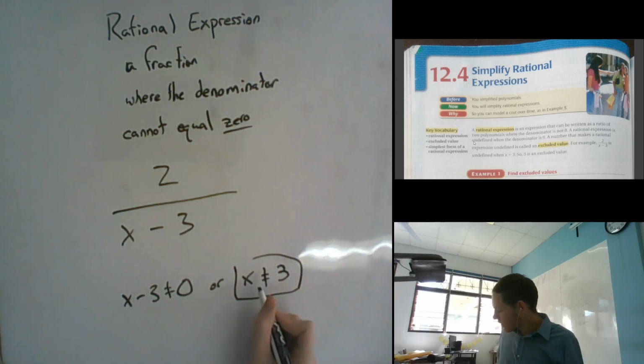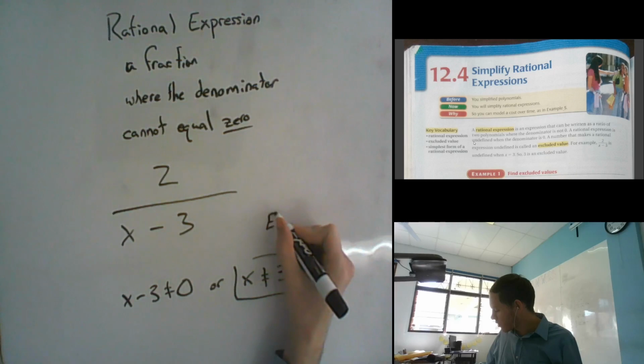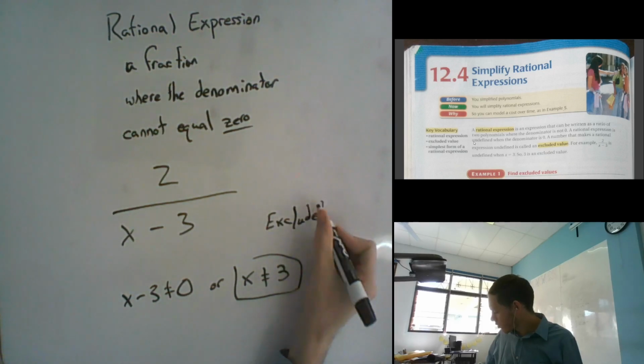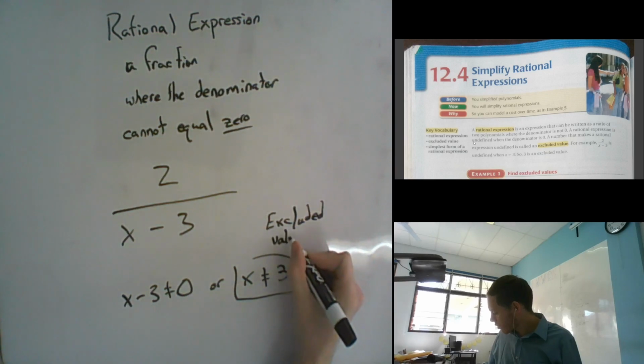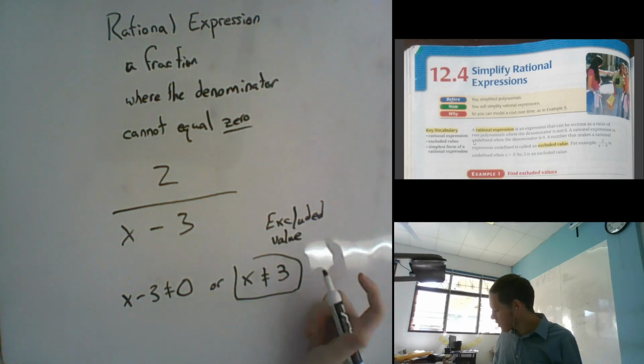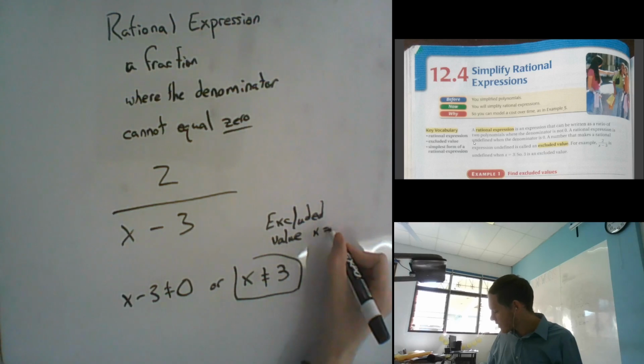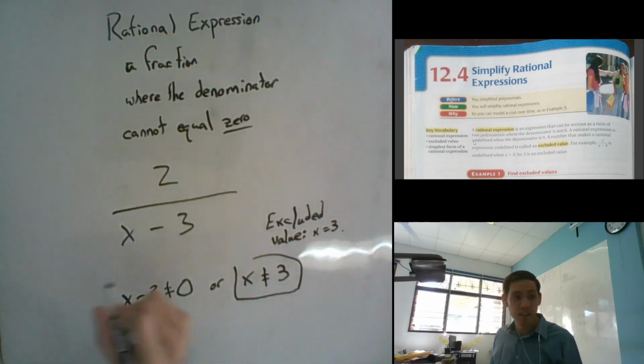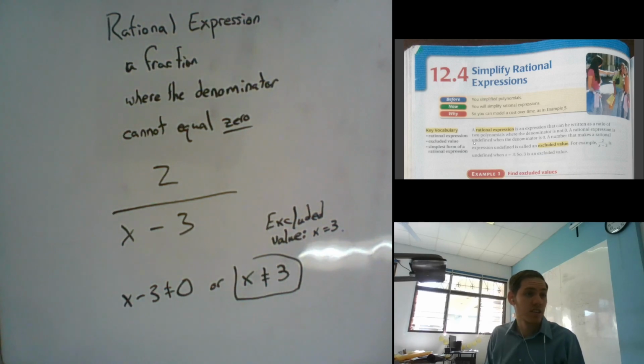Okay, and this right here is our excluded value. Basically, the excluded value is x equals 3. It's the value that can't be plugged in, okay? So excluded value, it can also be a decimal that ends.